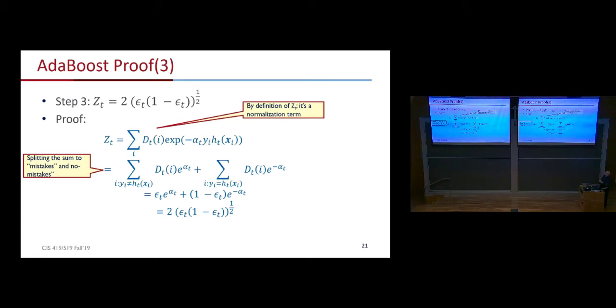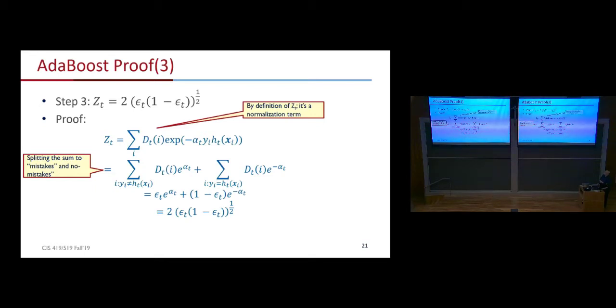Now, what is this expression? This is the sum over all examples which I got wrong of D_t of i, e to the alpha_t. I can take the e to the alpha_t outside the sum because it doesn't depend on i.